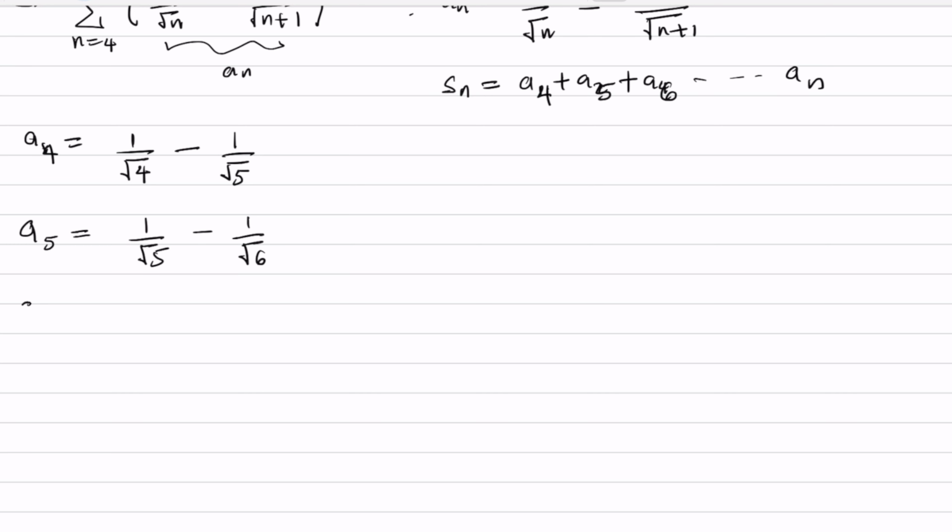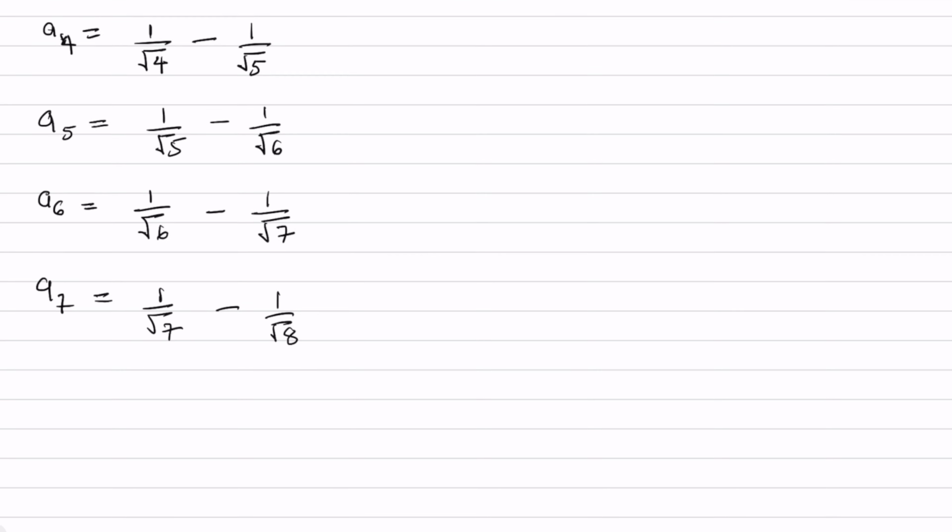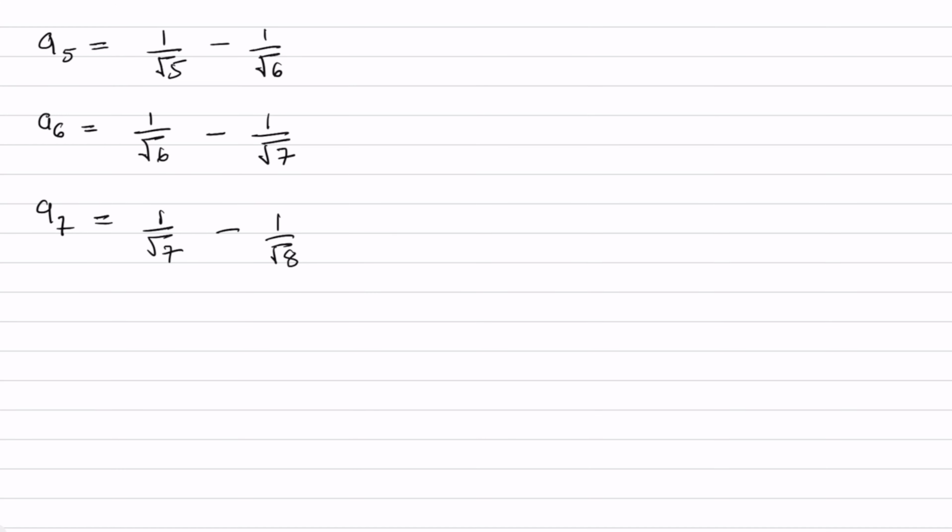A6 is 1 divided by square root of 6 minus 1 divided by square root of 7. Then A7 is 1 divided by square root of 7 minus 1 divided by square root of 8. Let me stop here and move on to An, which is just 1 divided by square root of n minus 1 divided by square root of n plus 1. Can you see?